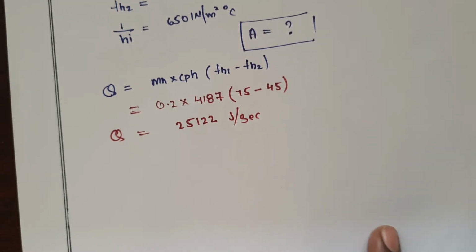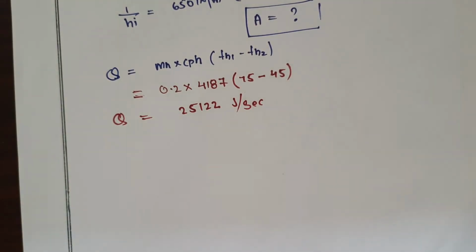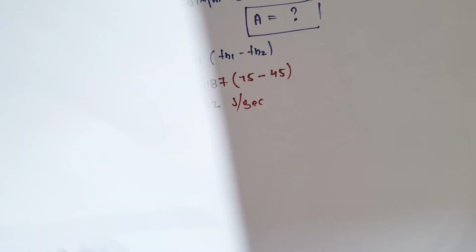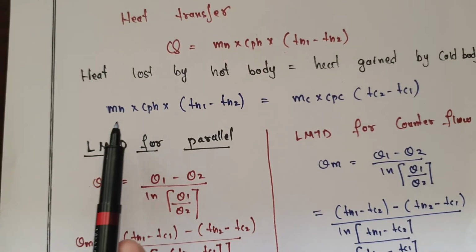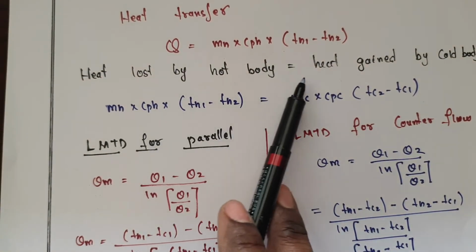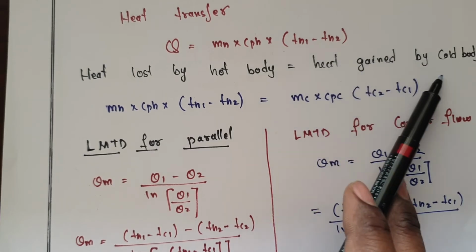After getting the value of Q, next you have to substitute into the second formula. As you can see here, heat lost by the hot body is equal to heat gained by the cool body.